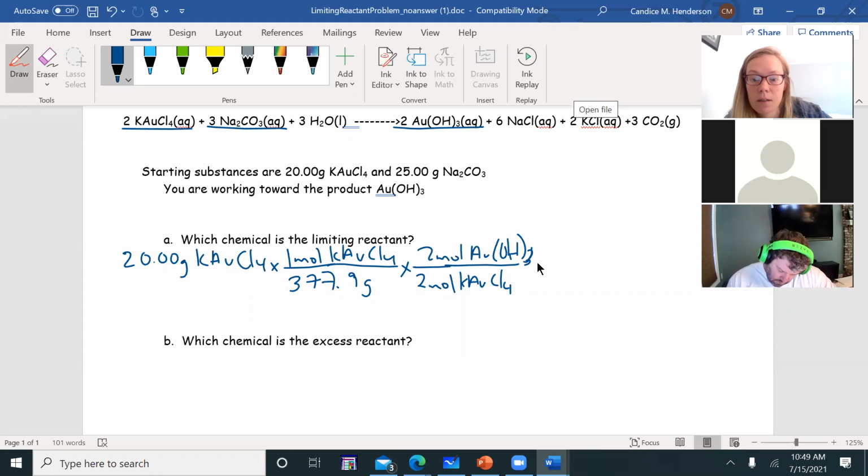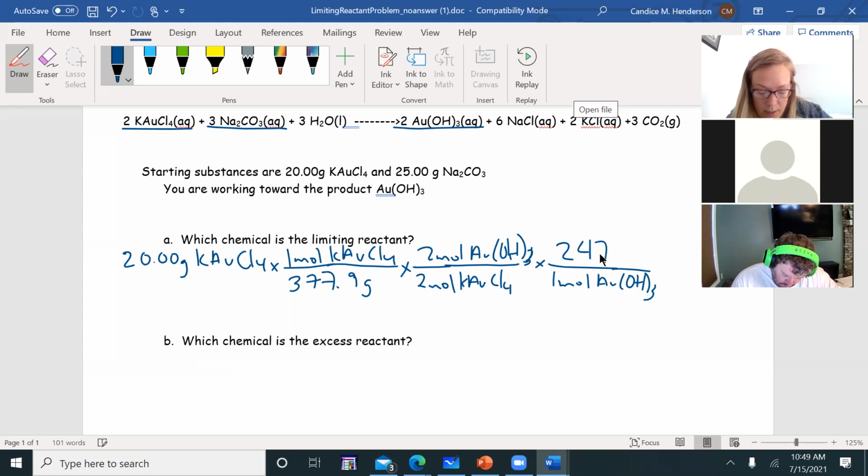The last step is to convert that back into grams. So for every 1 mole of the AuOH3, it's 247.98 grams of AuOH3. Grams cancel, moles cancel, moles cancel.